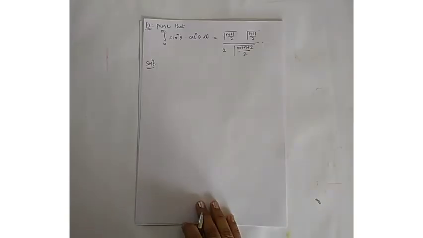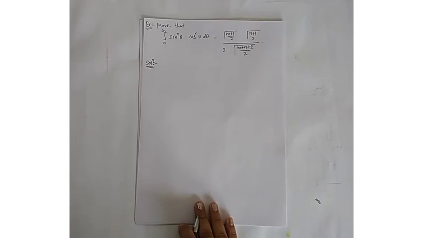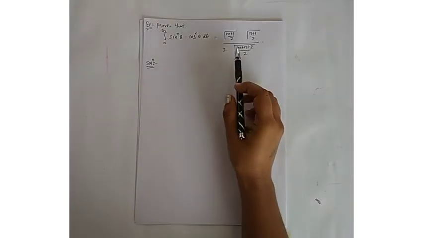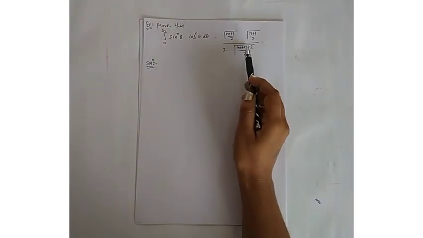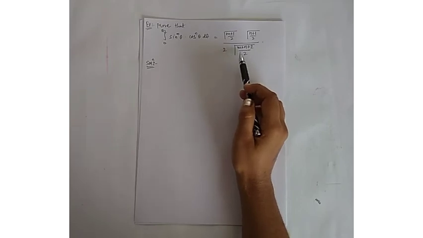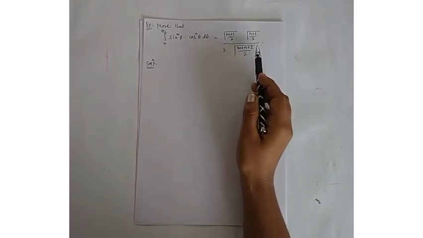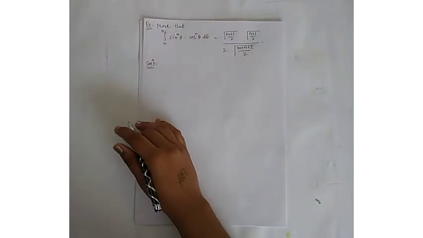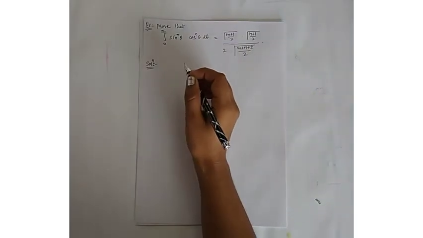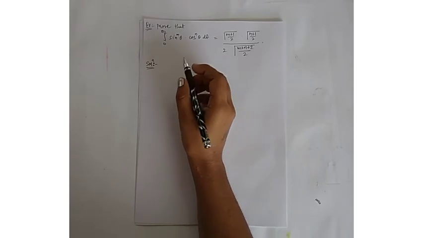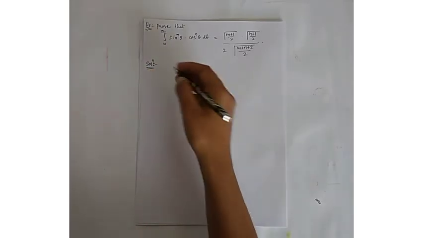Our next example is the integration with limit 0 to pi by 2 of sine to the power m theta into cos to the power n theta d theta, which is equal to gamma m plus 1 by 2 into gamma n plus 1 by 2 upon 2 into gamma m plus n plus 2 divided by 2. So for the solution, we know some basic forms of the beta function.